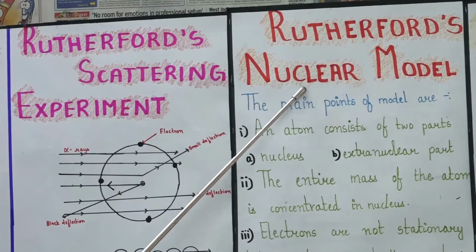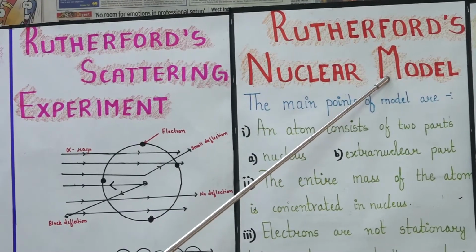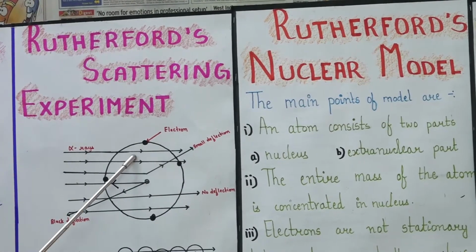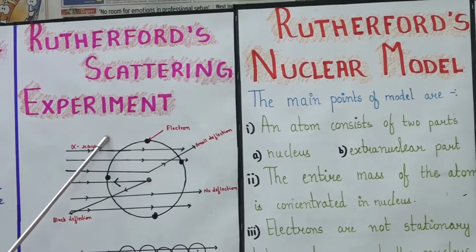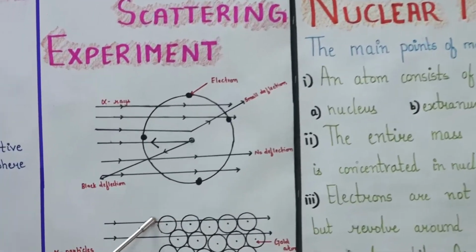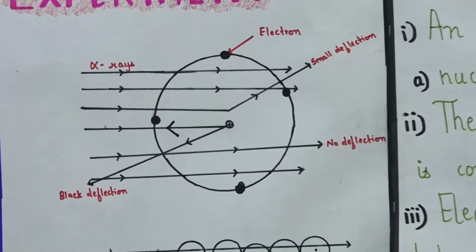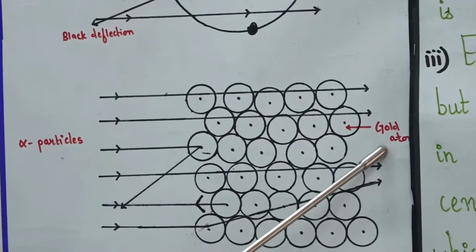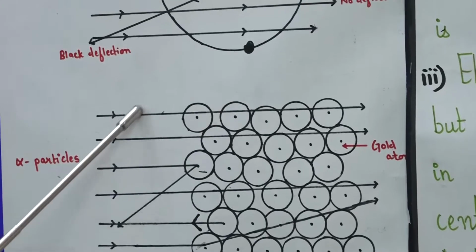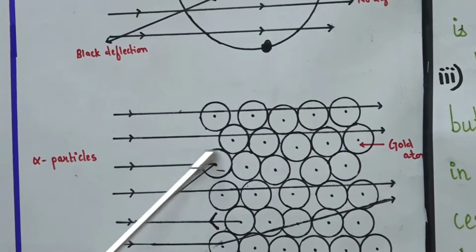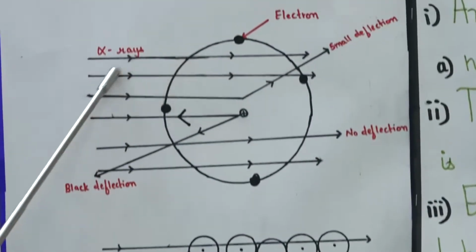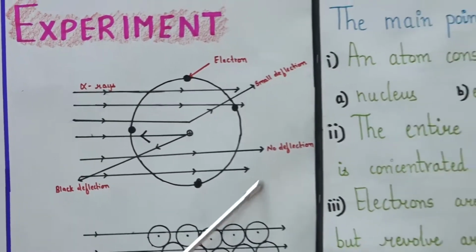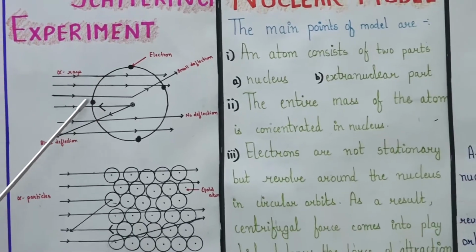Rutherford's model of atom. After Thomson's model of atom, Rutherford in 1911 performed certain experiments in which he bombarded a thin foil of heavy metal like gold with a beam of fast-moving alpha particles, which were positively charged particles, and he tried to explain his observations to give his model of atom.